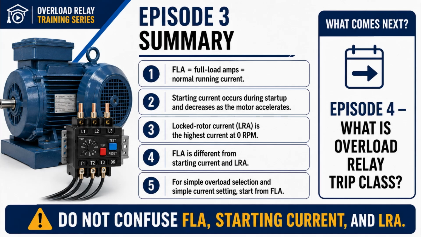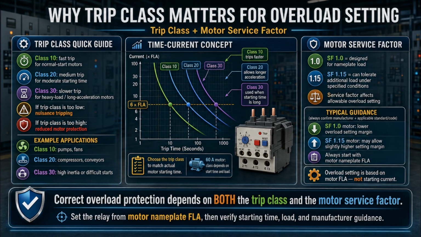And this is exactly why an overload relay does not trip, simply because the current rises for a short time during starting. It looks at both how much current is flowing and how long that current continues. So if you understand the relationship between FLA, LRA, starting current, RPM, back EMF, and trip time, overload relay operation becomes much easier to understand.